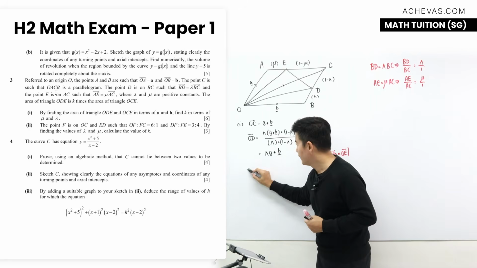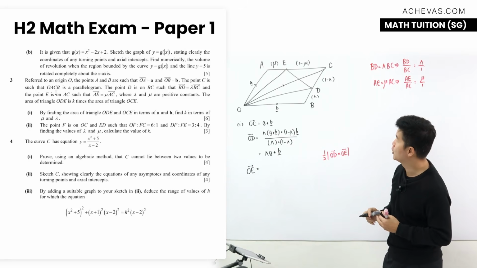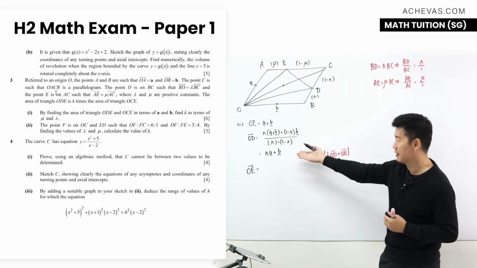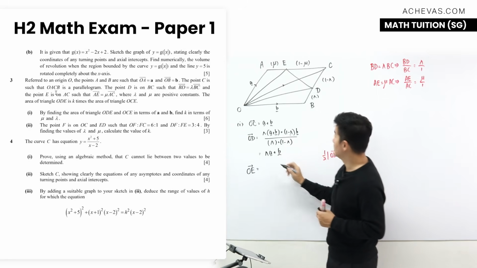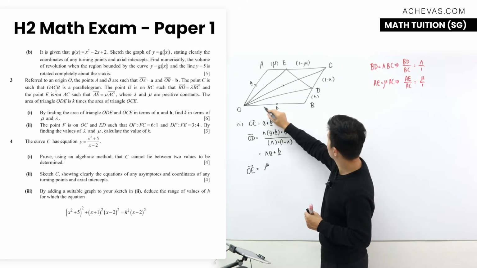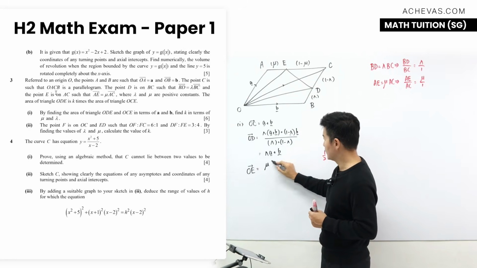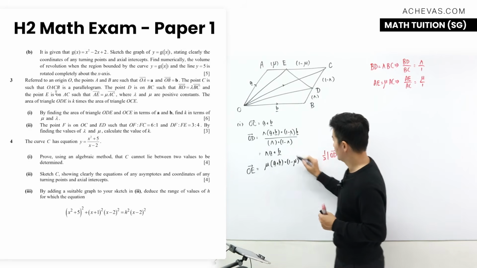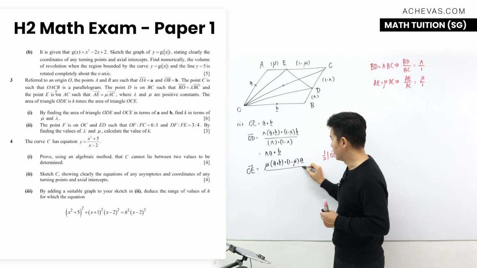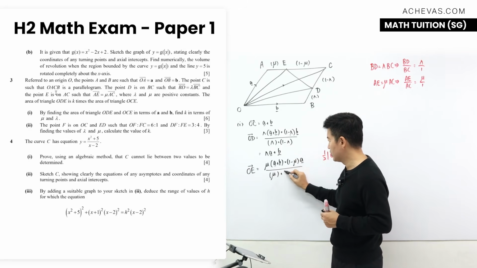And we will also try to find OE. Using the same ratio theorem strategy, we will be expecting the vector to look almost similar to this. Let's see. So it is going to be mu times OC. OC is going to be again A plus B, then plus 1 minus mu of this, which is going to be vector A, divided by again 1 in the denominator.